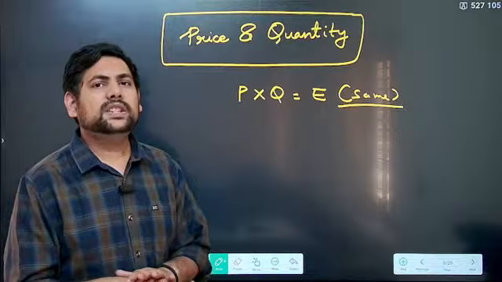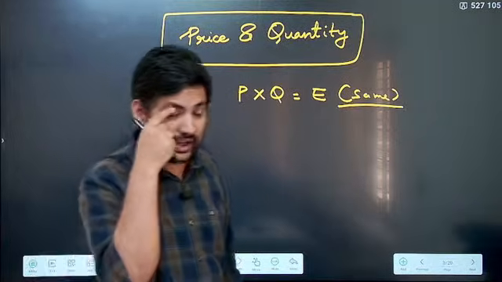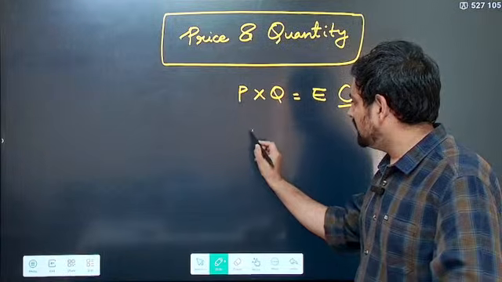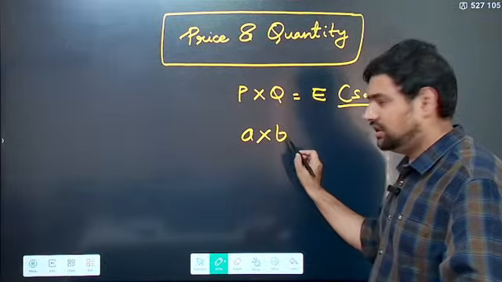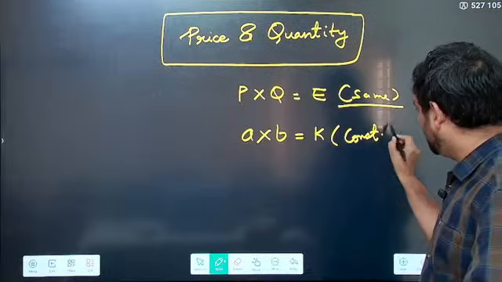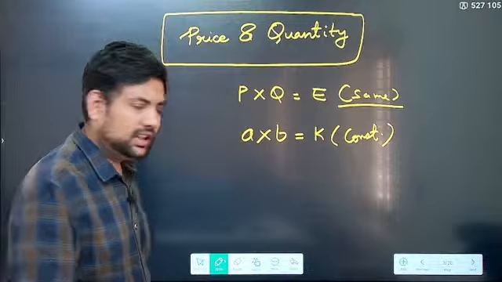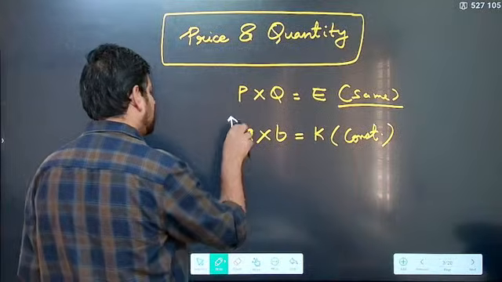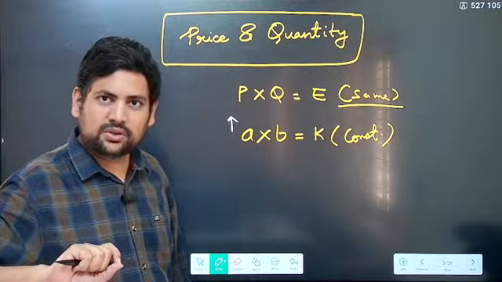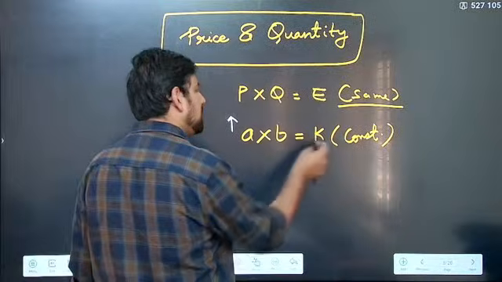Now this is not necessarily only for price and quantity. Understand this. If there are any two quantities that work like this, that is a into b is equal to k, where k is constant, and a is increasing by some percent, then b also has to reduce proportionally to make the multiplication the same as k.